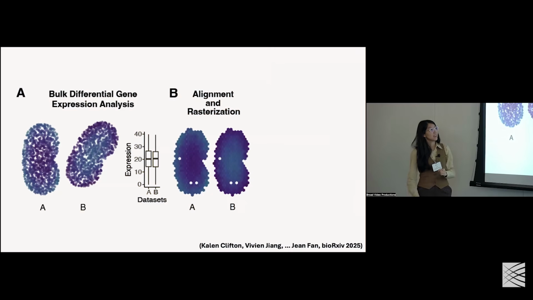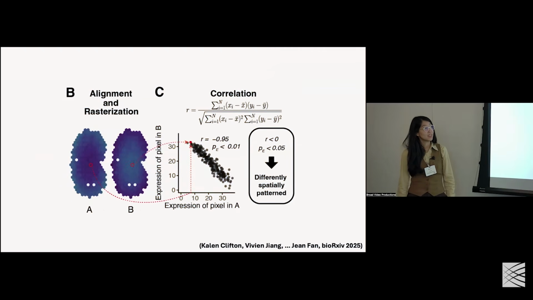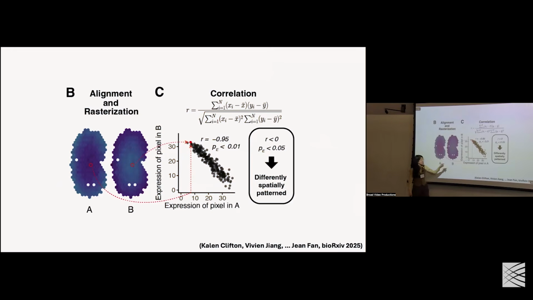Because then, given these one-to-one matchings, as Caleb noted in his intro, we can evaluate a Pearson correlation or other types of statistics: what is the gene expression in sample A at a particular location, and what is the expression of that same gene in the second sample at the same matched location, and evaluate all matched locations.